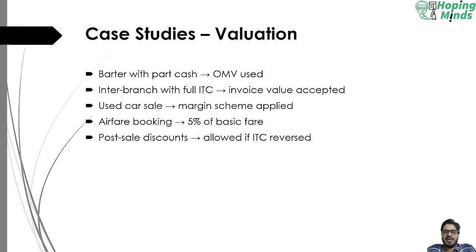Used car, we have the margin scheme, that is the sale price less the purchase price shall be the value. Then airfare booking, 5% of the basic fare shall be the value of supply in case of airfare booking services. Then post-sale discounts are allowed only if the input tax credit is reversed by the recipient.